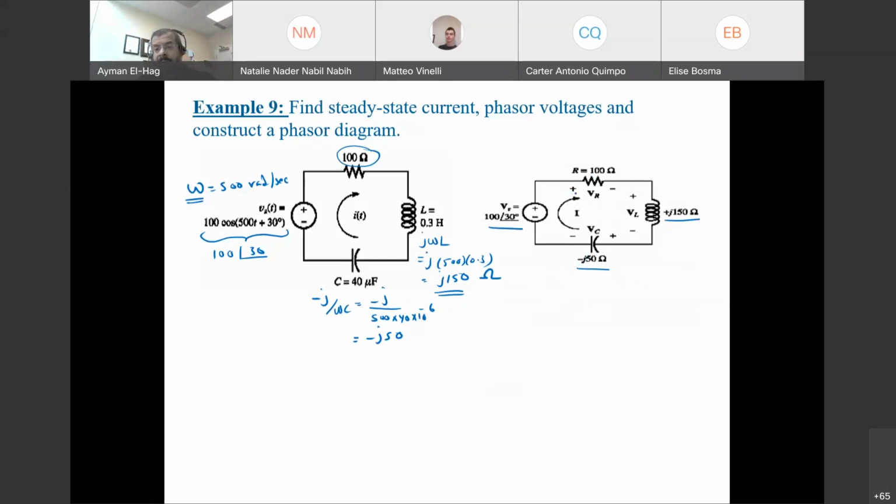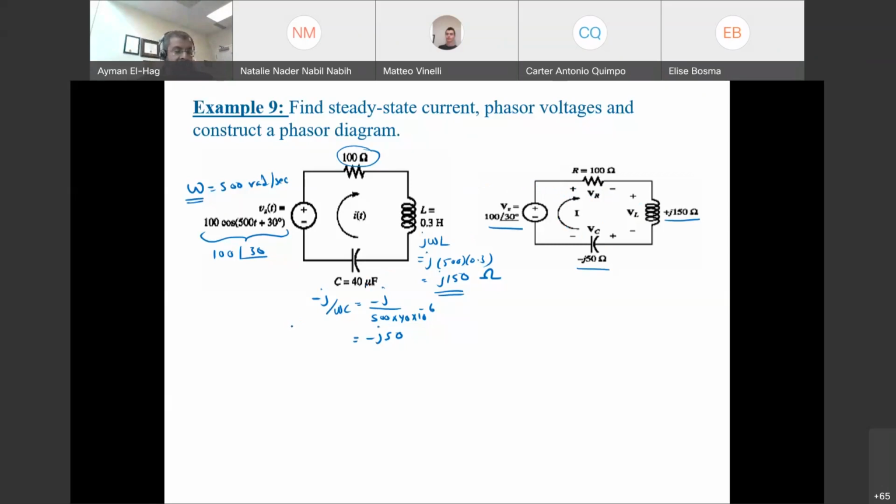Now we have also VR, VL, and VC identified. Let's go back and refresh our memory about the circuit analysis. Remember that we'll assume that the current is leaving the positive terminal, with plus minus signs. And now we can apply KVL.